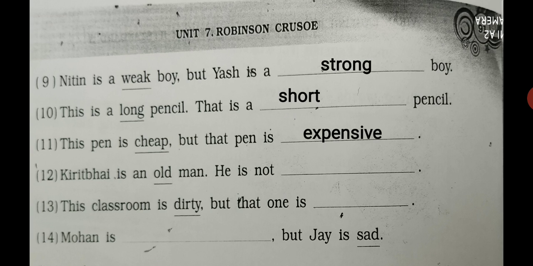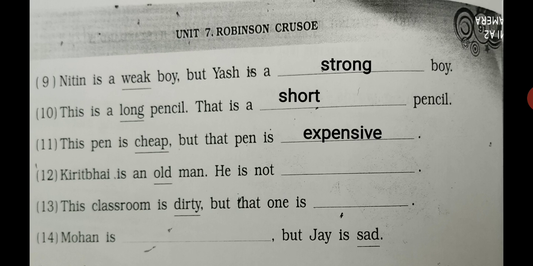Kiritbhai is an old man. He is not dash. Here, old has two opposite words. One is young and one is new. Whenever we are talking about the age criteria, at that time we write young as the opposite of old, right?